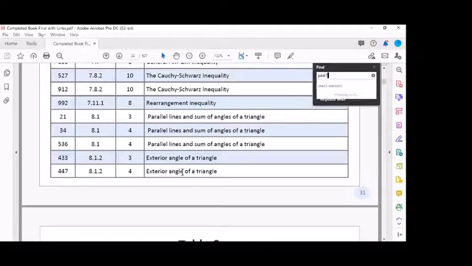But it will take you to problem 447, and there you will see a geometry problem, and one of the things you will need to solve it is the exterior angle theorem, that the exterior angle is equal to the sum of the interior opposite angles. I'm going to close this now, just trying to give you an idea as to what to do here. So let's just close the screen and get back to this.